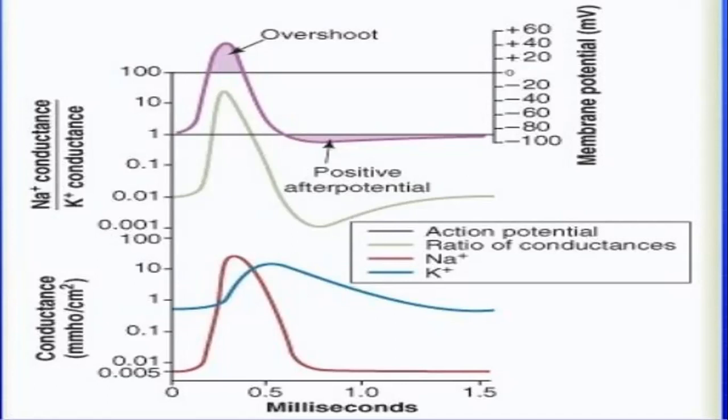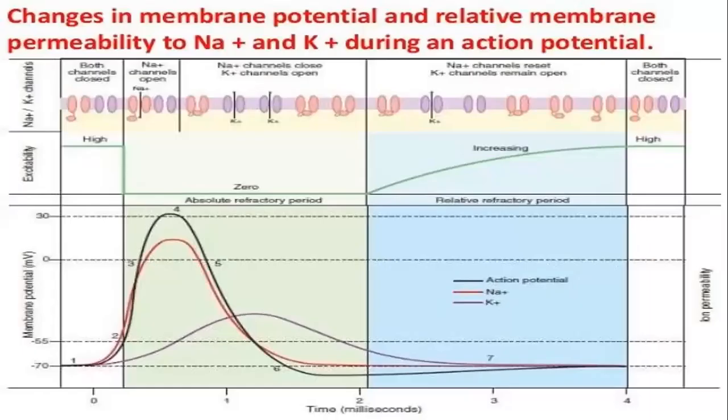Here in this picture, you can see that the sodium conductance of the membrane is short-lived and the potassium conductance is long-lived. There are opening and closing of different channels. For production of an action potential, you require a critical number of sodium channels to open.